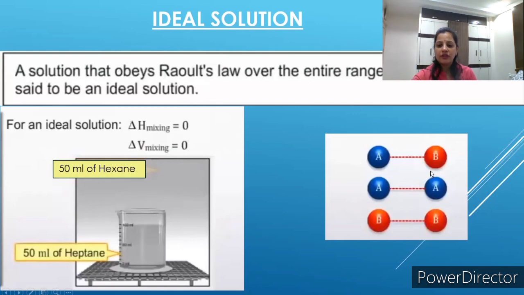Then the third condition is that the magnitude of interaction between AB, AA and BB should be the same. Now, what does this mean? We know that when we are mixing two liquids, suppose hexane, the molecules of hexane are A type and the molecules of heptane are B type.